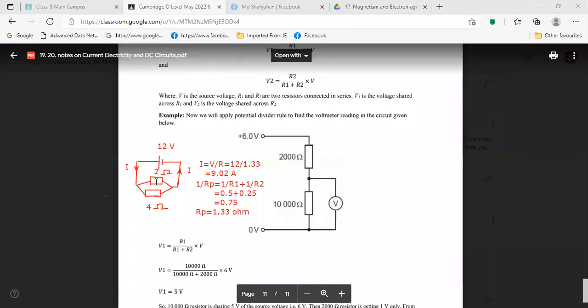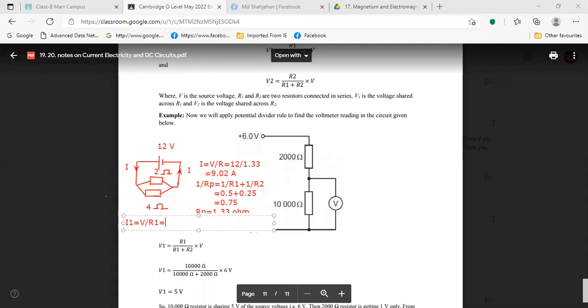So you just apply V by R. I1 equals V by R1. So what is the answer coming? 12 volt by 2.